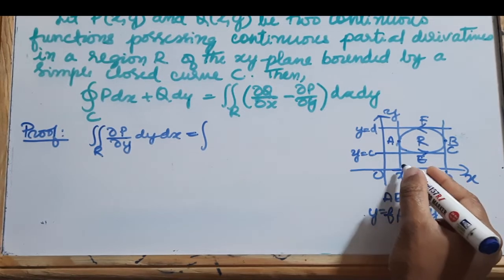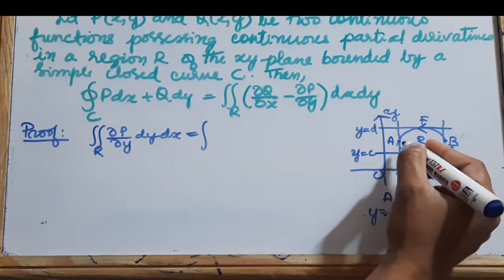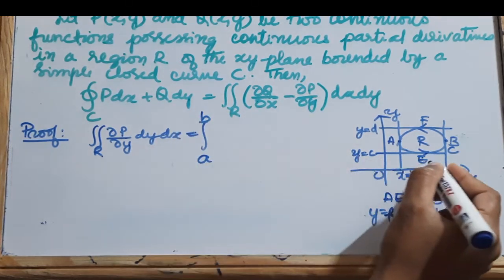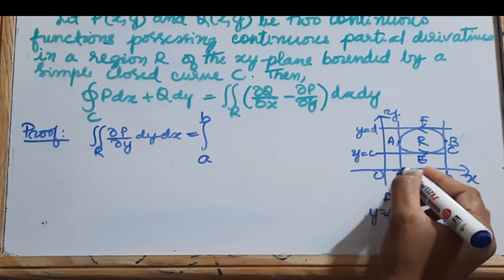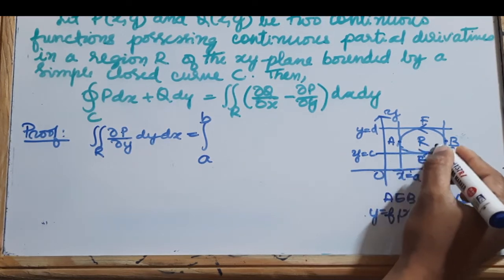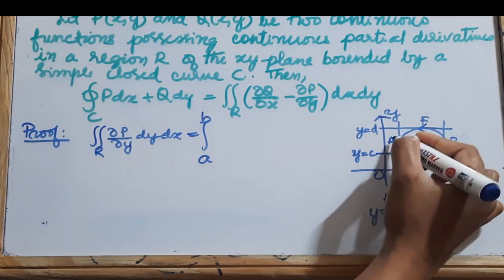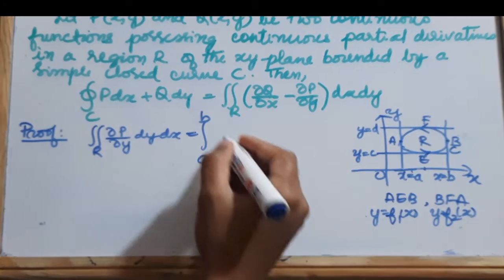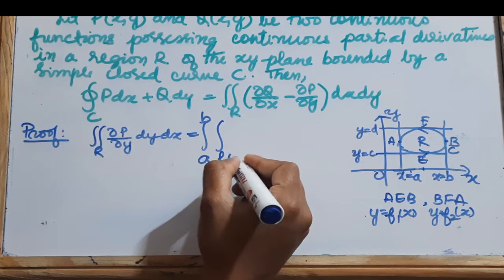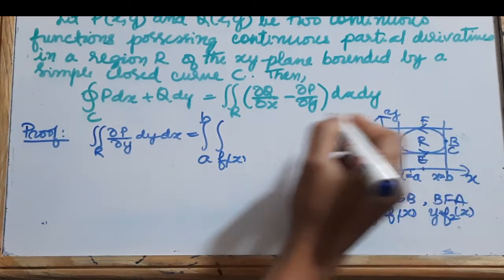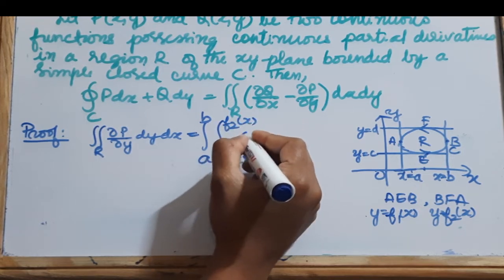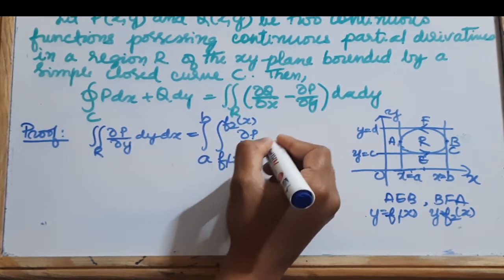In this region, x varies from a to b. For a fixed x, y will vary from the bottom curve AEB to the top curve BFA. The bottom curve AEB is nothing but my f1 of x and the top curve BFA is nothing but my f2 of x. Therefore, this is my region now.